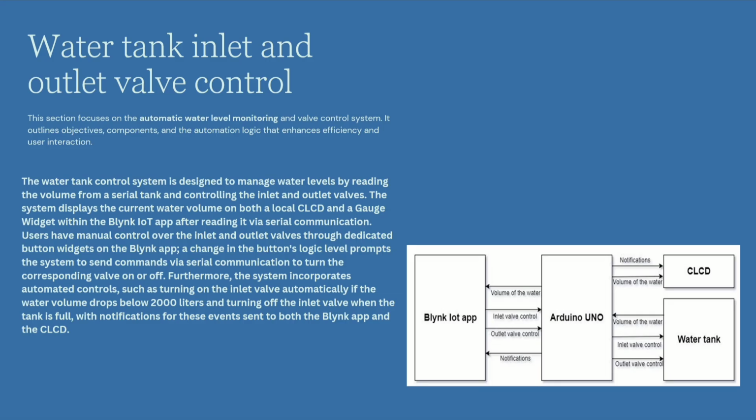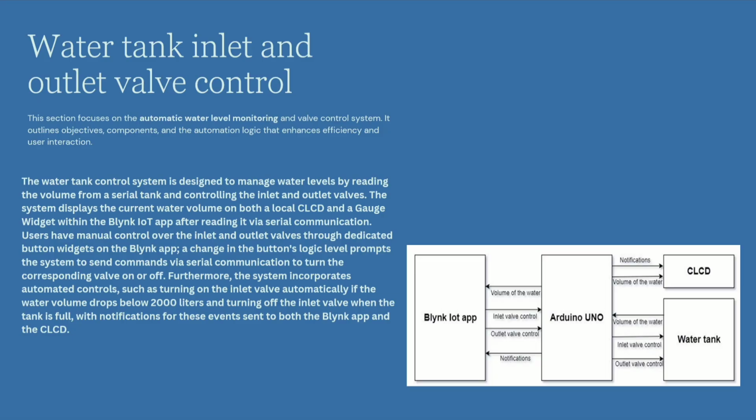Whenever the tank fills to the level of 3000 liters, it sends the message to the Blynk app. The tank is full and the inlet valve is automatically closed. Whenever the water decreases below 1500 liters, the inlet valve is automatically turned on. Only then will this logic work. This is the logic we wrote.